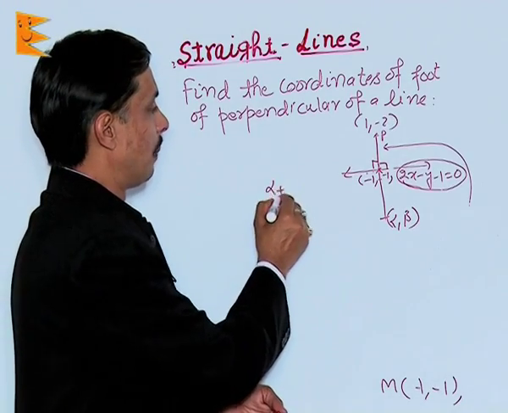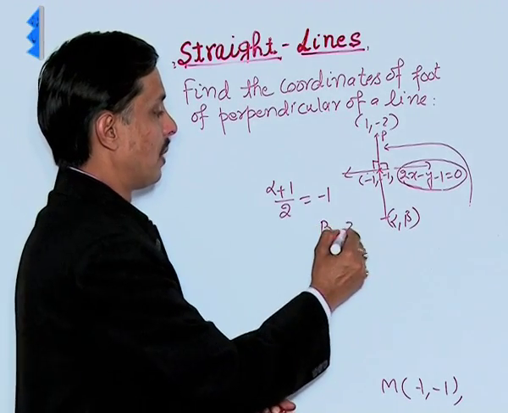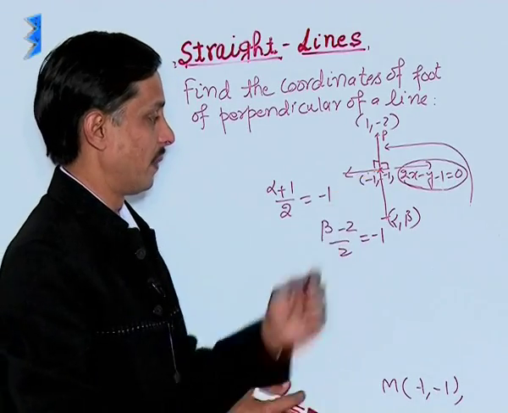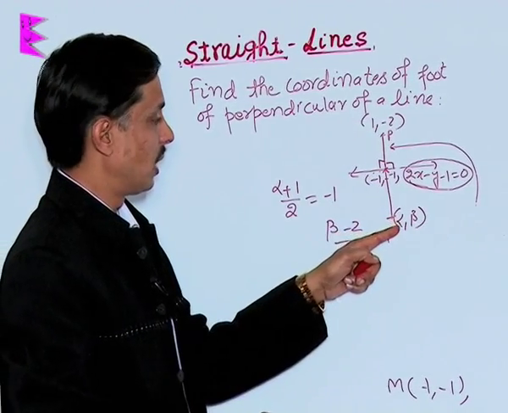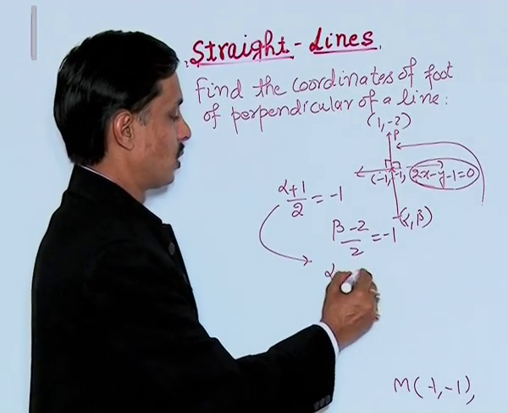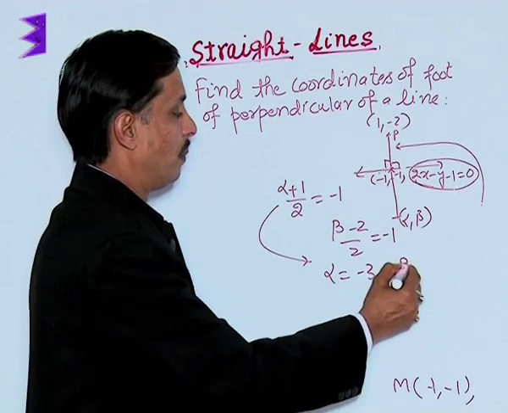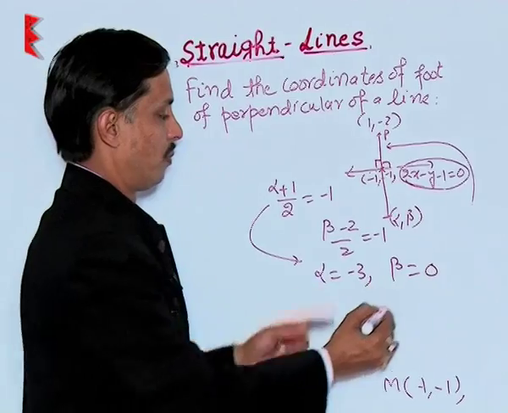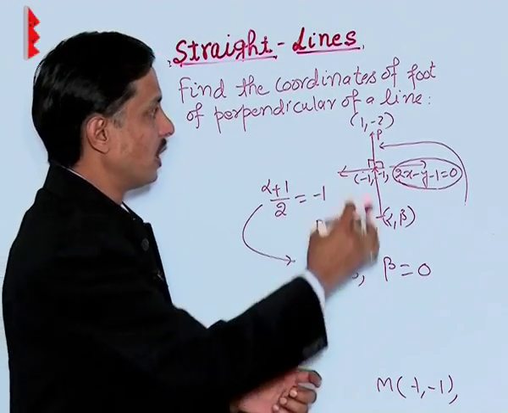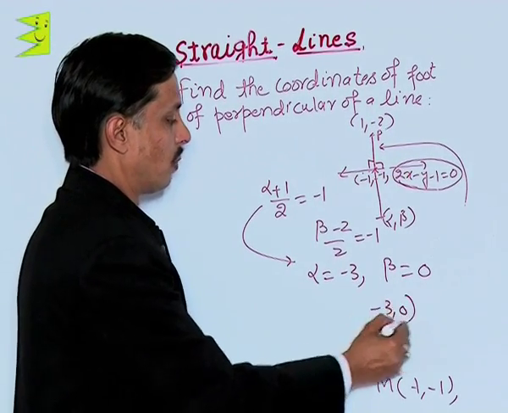This becomes (alpha plus 1) upon 2 is minus 1 and (beta minus 2) upon 2 is minus 1, because the foot is the midpoint. So alpha is equal to minus 3: minus 2 minus 1. And beta becomes 0, because minus 2 minus 2 cancels out.